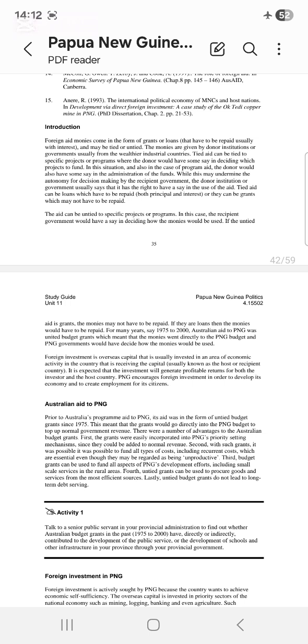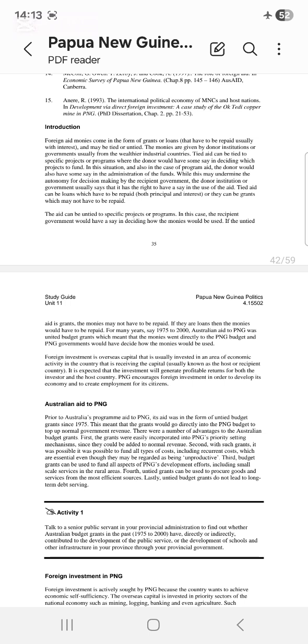The issue with tied aid is in the fourth or fifth sentence here: while this may undermine the autonomy of decision making by the recipient government, the donor institution or government usually says that it has the right to have a say in the use of aid. So when the Australian government gives aid, they usually have a say in how the Australian taxpayers' money will be used in our country.